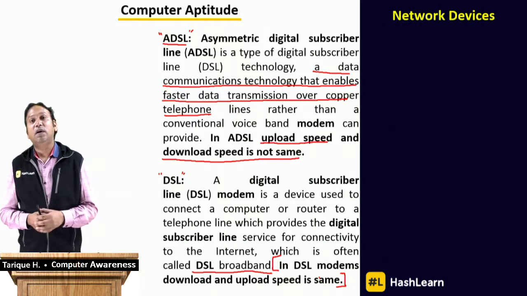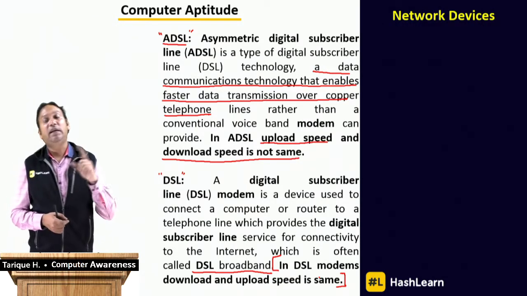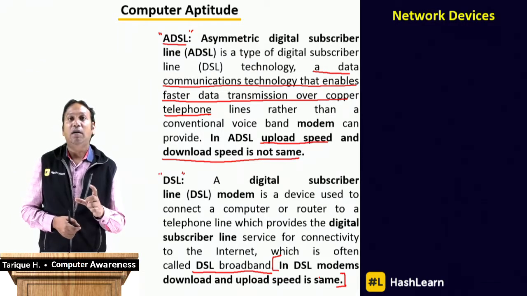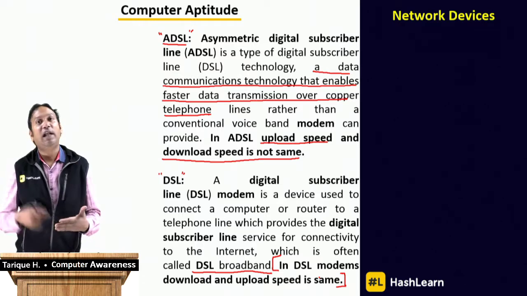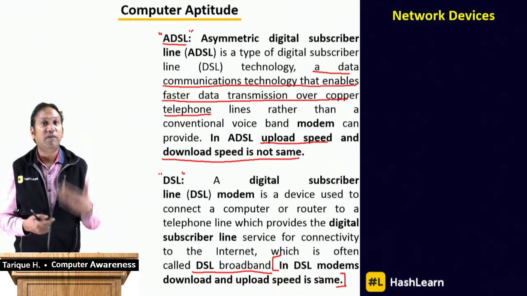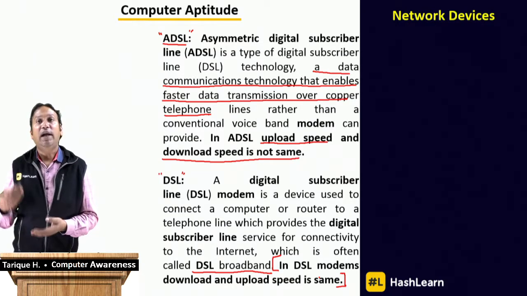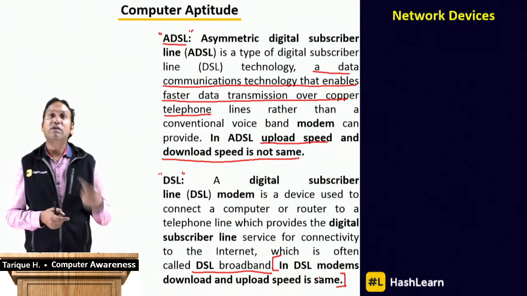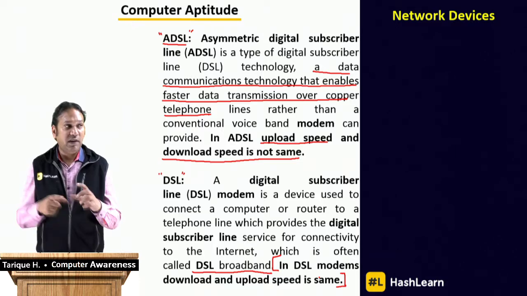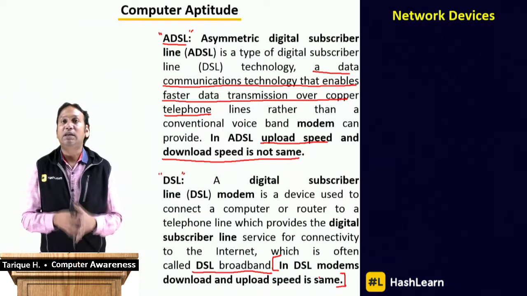Another thing that you will observe with a normal traditional modem is that sometimes you would not be able to use the phone service and the internet together. If you were using the phone service, you could not use the internet, and if you were using the internet, you would not be able to use the phone service. Or using the phone service would disrupt the internet connection. But with the digital subscriber line, that's not required.